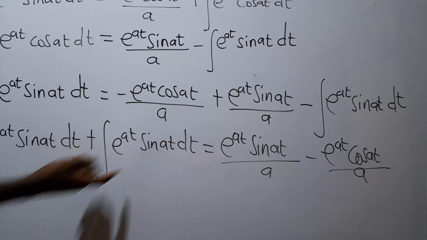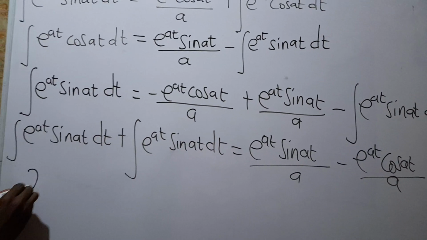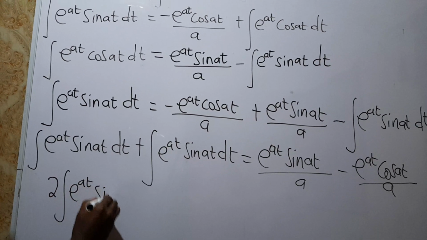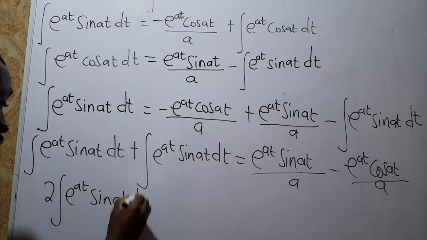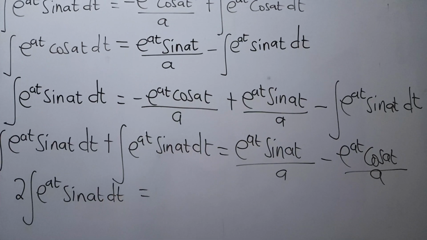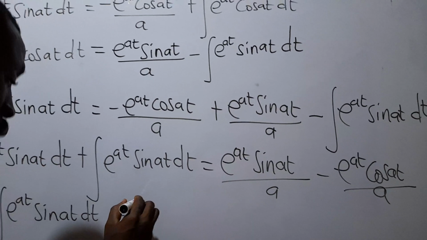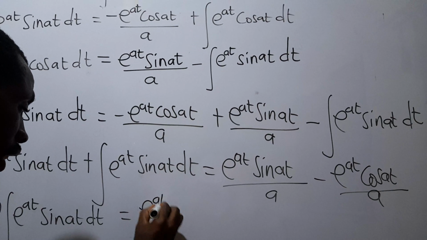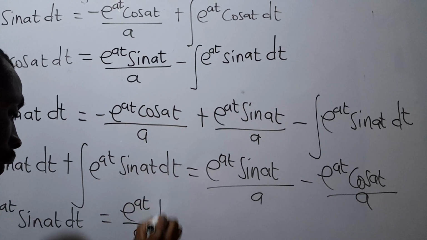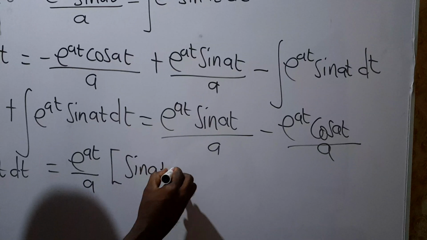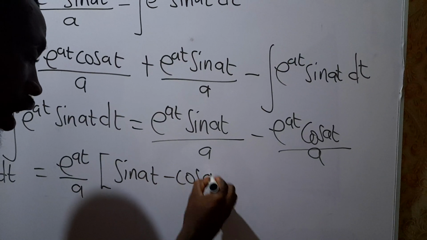Now this plus this will just be 2. So 2 times the integral of e^(at) sin(at) dt will be equal to, e^(at) is common. So I can say e^(at) over a times sin(at) minus cos(at).